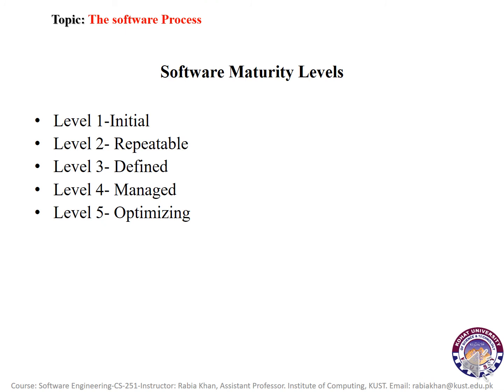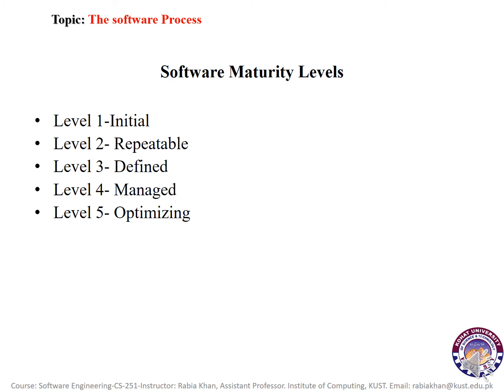The software maturity level highlights the strength and effectiveness of an organization's process when they develop a project. So you can identify different organizations on the basis of these 5 levels; whatever level it is would highlight its software process maturity.